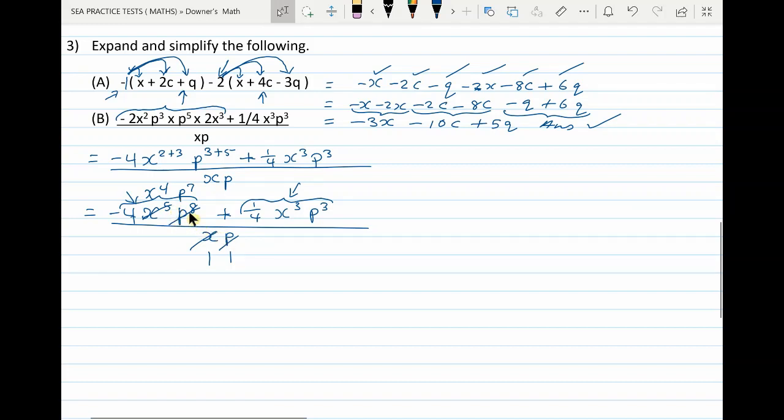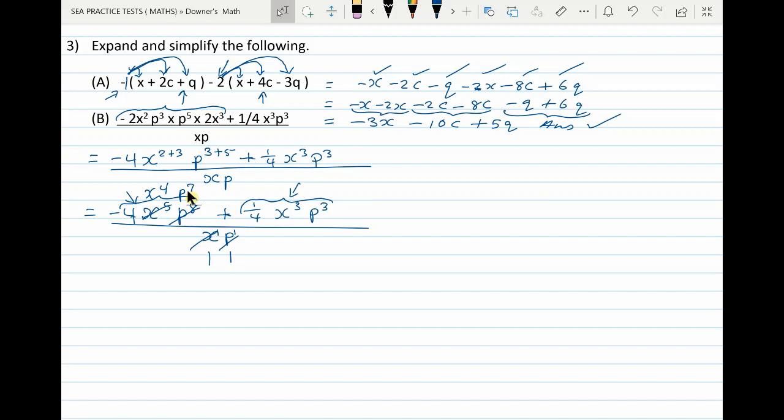So it'll be the 5 from here, subtract the 1 that is understood here, which will give us x to the power of 4. And similarly, this p to the power of 8, when you divide by p, seeing that this was p to the power of 1, then the 8 minus the 1 that is understood here, let me just put them in so you would see them, right? This 8 minus this 1 is going to give us 7. So this will be p to the power of 7.